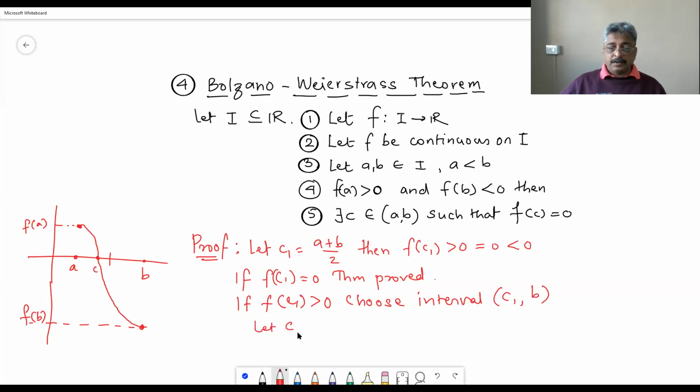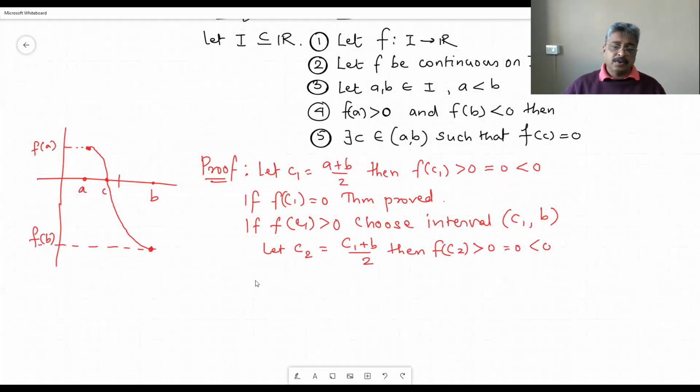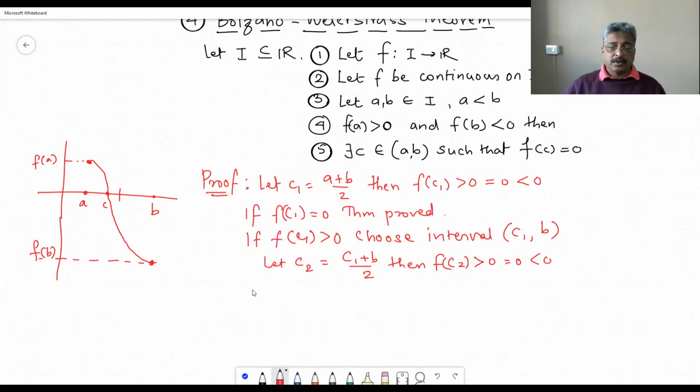Let C2 is equal to (C1 plus b) by 2. Then f of C2 is greater than 0 or equal to 0 or less than 0. If f of C2 is equal to 0, theorem proved.